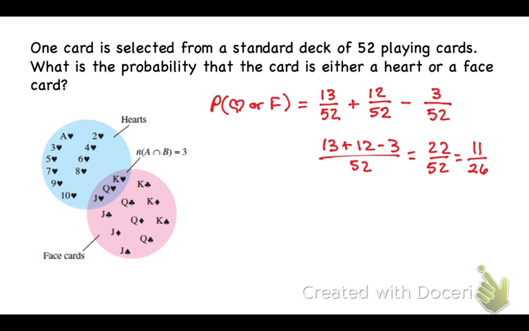You could do hearts and spades. If I asked the probability of getting a 2 of hearts or a 5 of spades, do those have anything in common? No, they have nothing in common. Even if I had a 2 of hearts and a 2 of spades, they still have nothing in common, right? It's a 2 of hearts or a 2 of spades. So it'd be 2 over 13, because there's one of each.